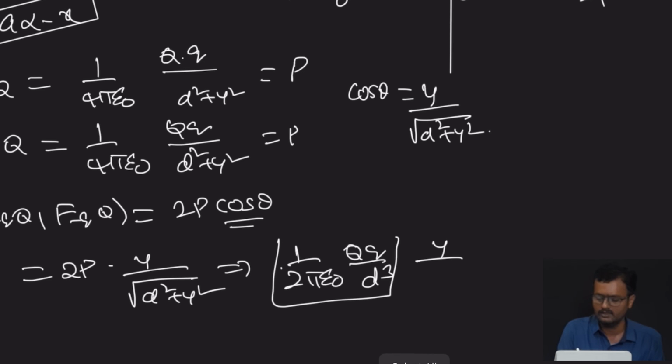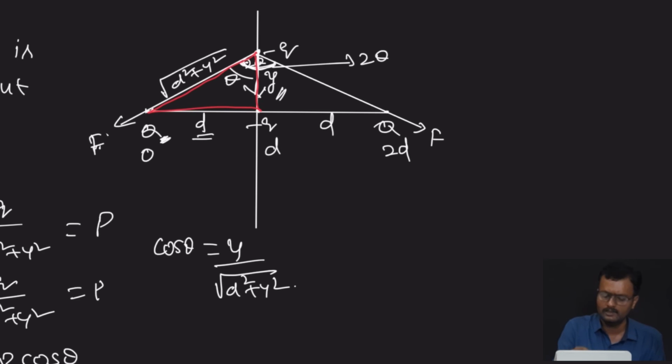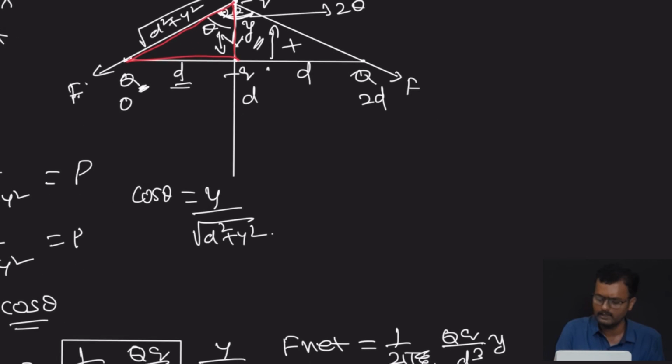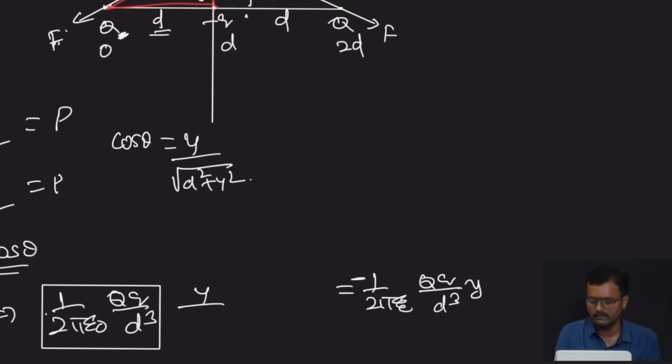So F net is equal to 1 by 2 pi epsilon naught, Q cubed by d cubed, into y. In the diagram, the displacement is in this direction, so it is positive, but F net is downward, so there is a minus sign. F net is nothing but ma.